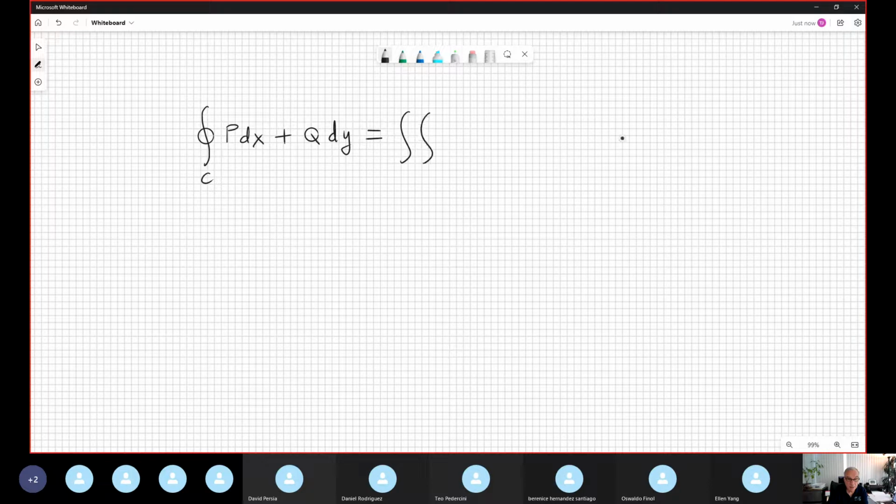Double integral in the region R of the curl, the curl is Q_x minus P_y dA. This is the curl of the hypothetical vector field. So I want to use Green's theorem, but in another direction, with another goal, another point of view: to compute the area.